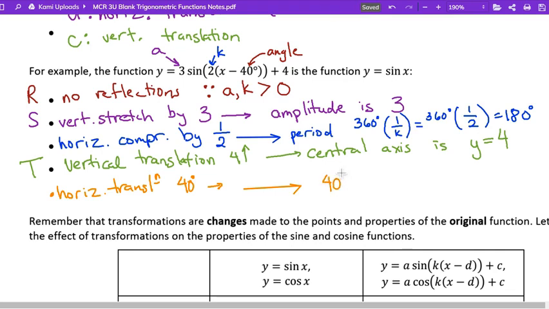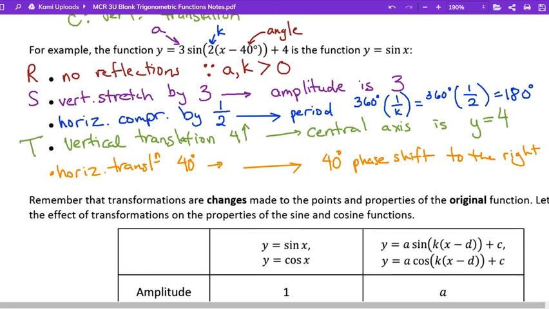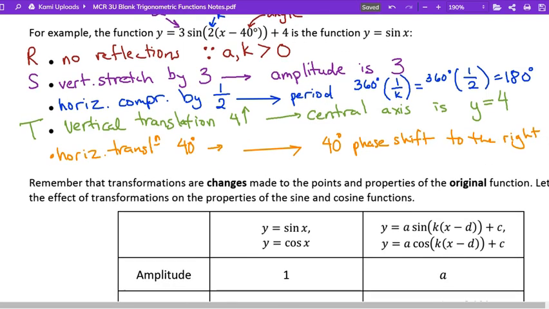This is how we name it: it's a 40-degree phase shift to the right. There can be various phase shifts. This one is a 40-degree phase shift.